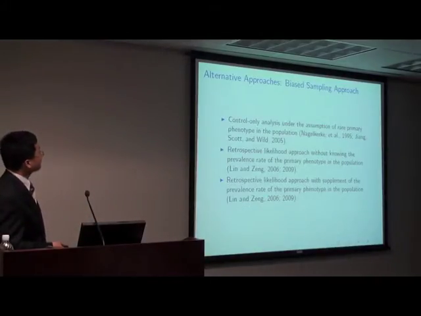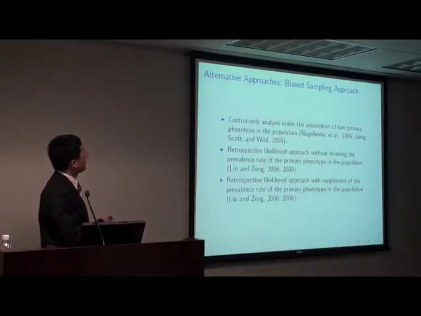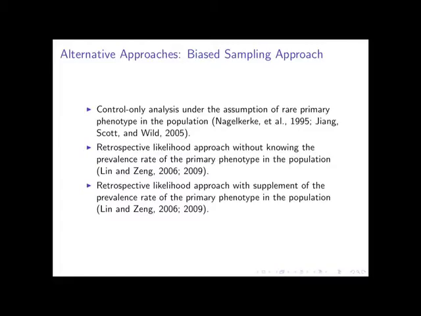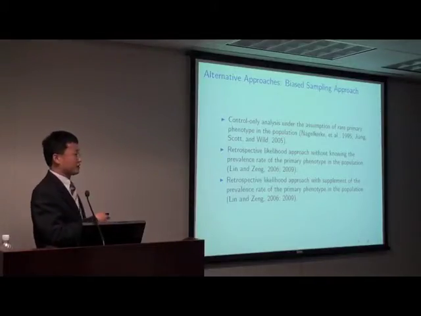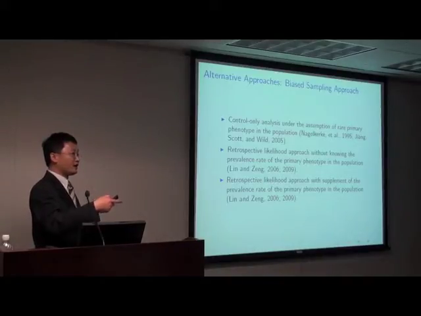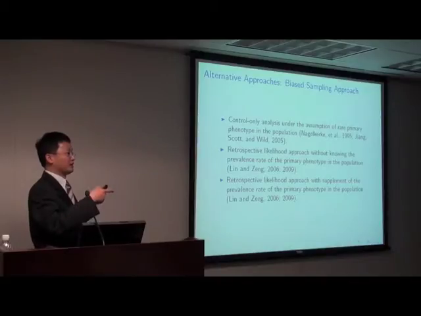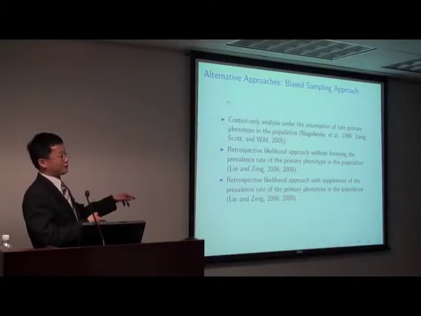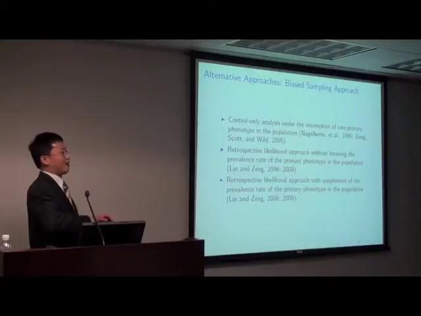Okay. So another approach is basically to just treat this as a biased-sampling approach. Some people sometimes do case-only analysis. Basically, they say if you look at the controls, it means the secondary outcome and the primary outcome are somewhat unrelated, because in the controls the primary outcome is all zeros.